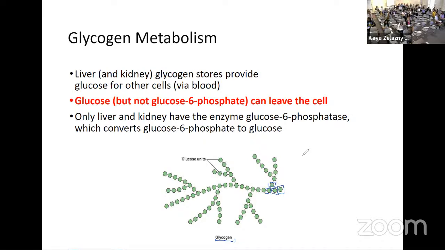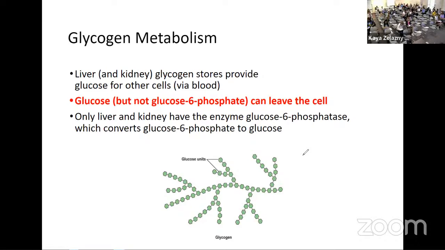Okay. So glycogen is found in specific places in your body. You don't store glycogen everywhere. You specifically have glycogen in your liver and in your kidney. Those are the places in your body where you're going to do this storage.